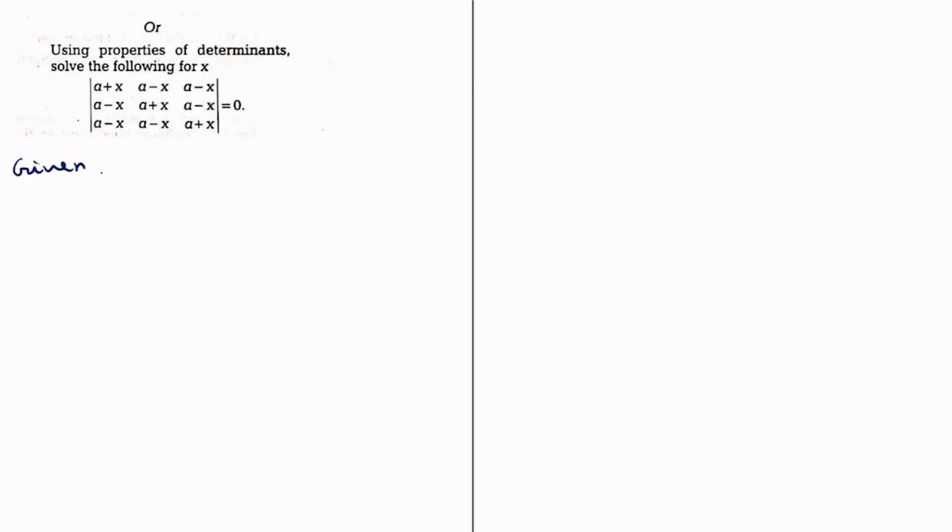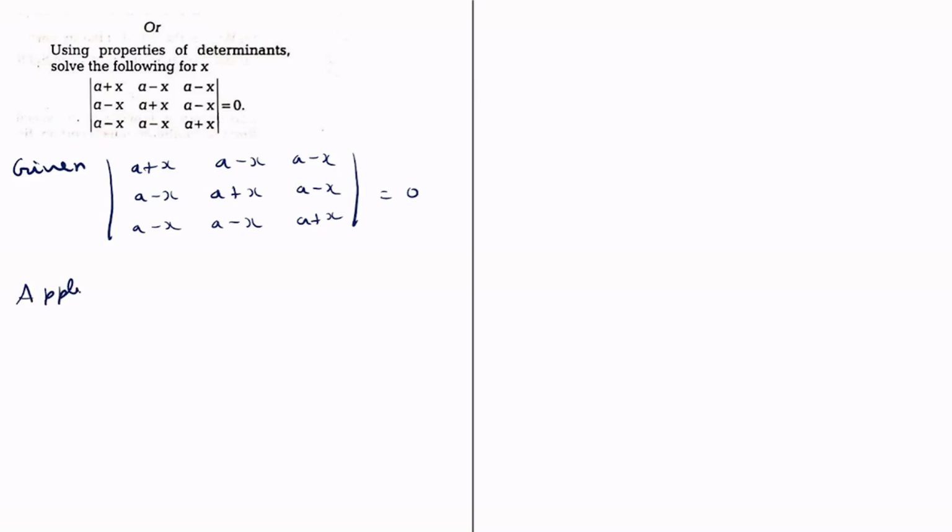So here given determinant of A plus x, A minus x, A minus x, then A minus x, A plus x, A minus x, A minus x, A minus x, A plus x. This is equal to 0. Now let us apply C1 changing to C1 plus C2 plus C3.